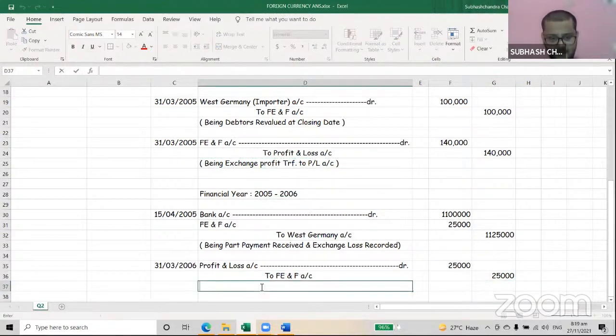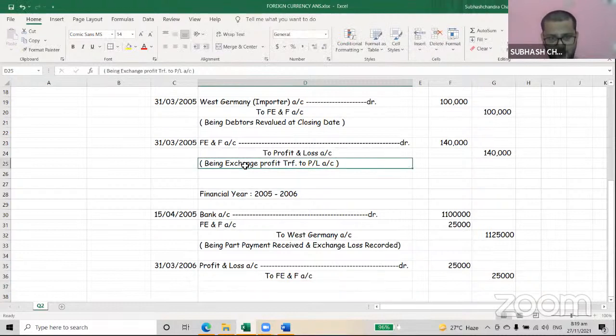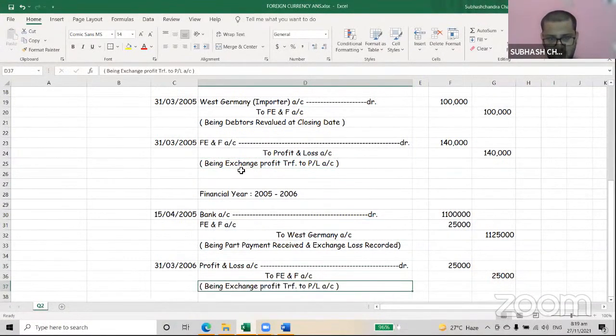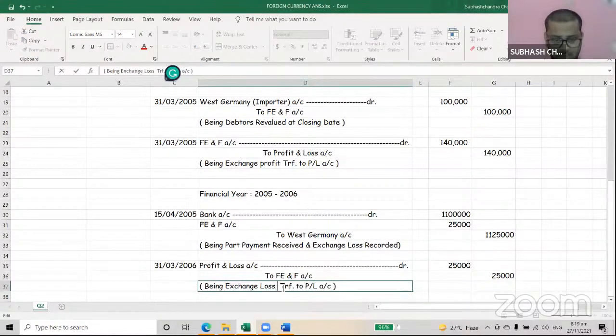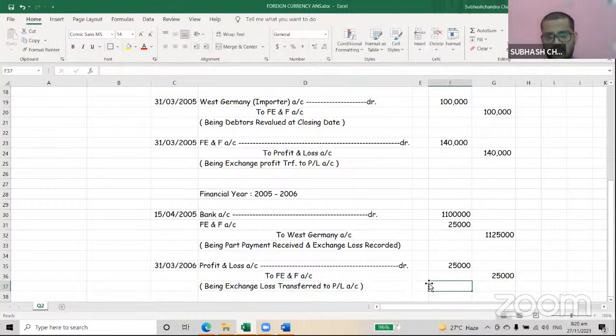And the narration will be: being exchange loss transferred to profit and loss account.